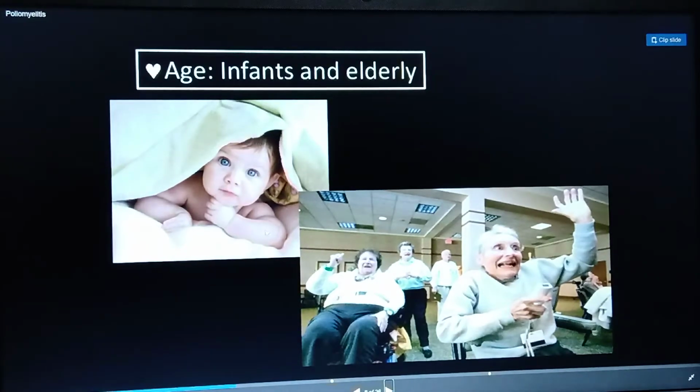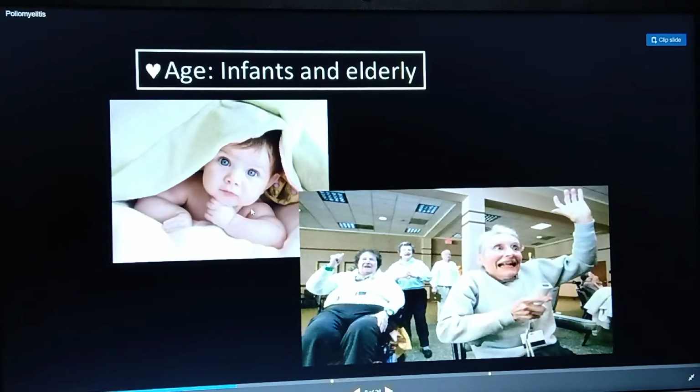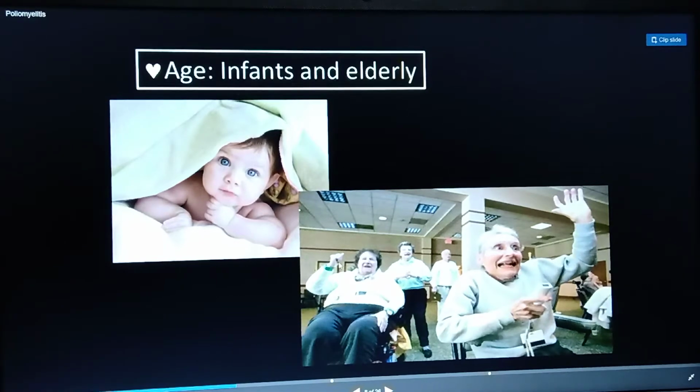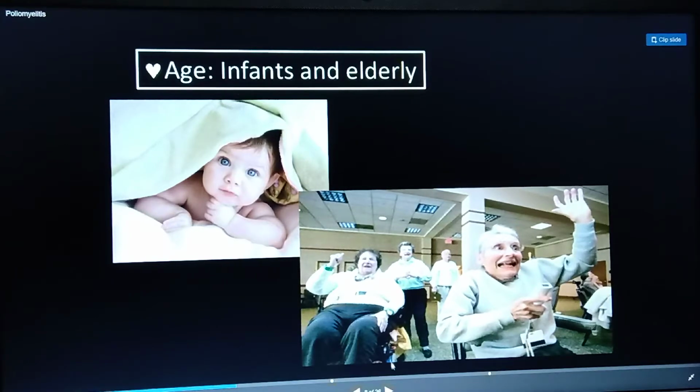These two groups lack immunity. In children, the immunity levels are low and still not developed, and the elderly have a weak immune system, so the virus can easily enter through fecal-oral transmission.